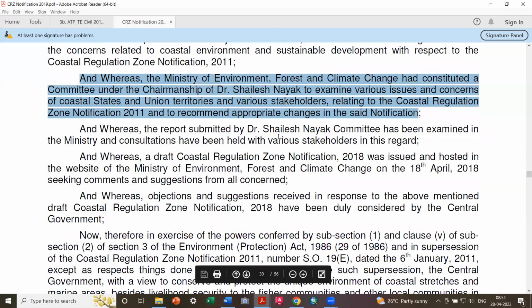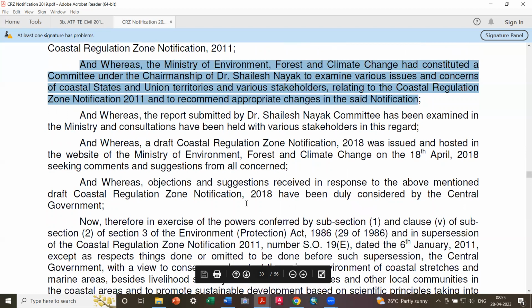Whereas the report submitted by the committee has been examined in the ministry and consultations have been held with various stakeholders in this regard. And whereas the draft CRZ notification 2018 was issued and posted on the website of the Ministry of Environment, Forest and Climate Change on 18 April 2018, seeking comments and suggestions from all concerned.